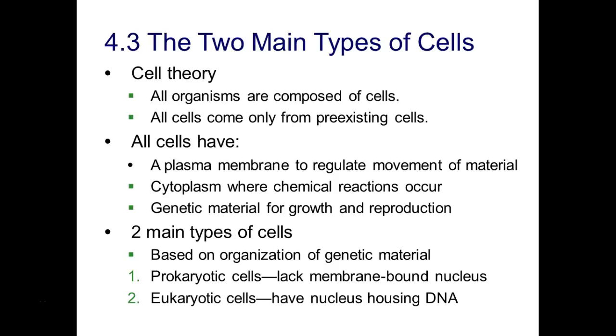Pro means pre and kary means nucleus. So a prokaryote has no membrane surrounding its nucleus. The eukaryote has a nucleus with a membrane surrounding it. The DNA is found in both organisms. As we learned in a previous lab, the eukaryotes evolved from the prokaryotes.